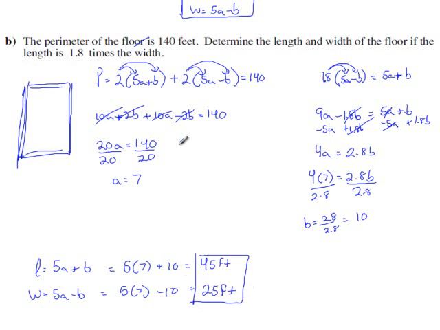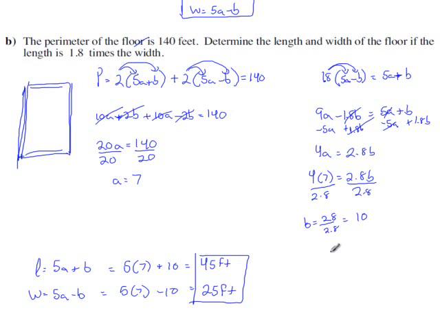If you want to check that these answers fit, you can figure out the perimeter of that rectangle and the ratio of length and width, and these should be as specified in the question. So the perimeter, 2 times 45 plus 2 times 25, is 90 plus 50, which does equal 140. Good, we've got the right perimeter. Length should be 1.8 times the width.